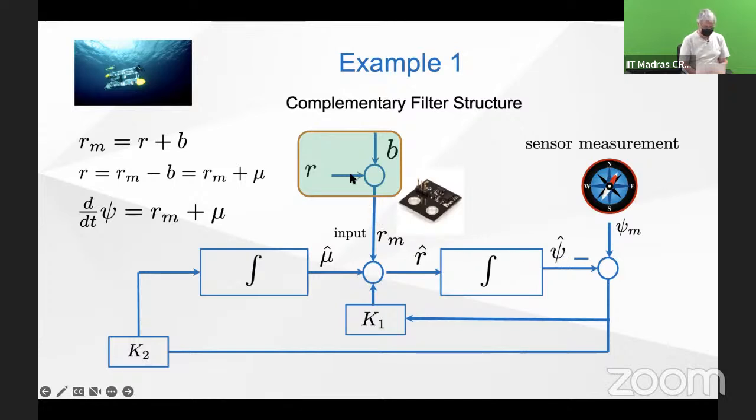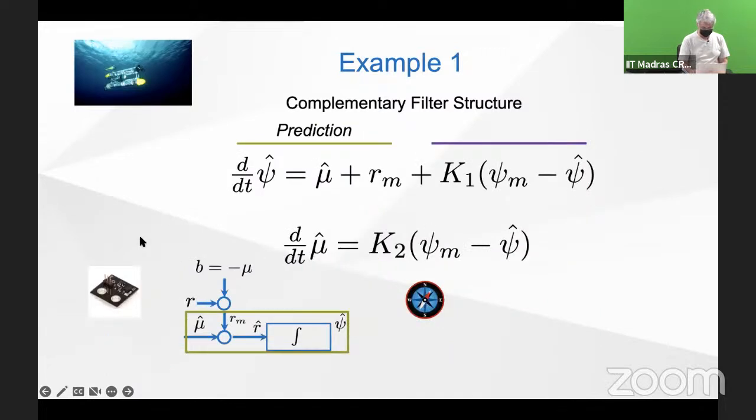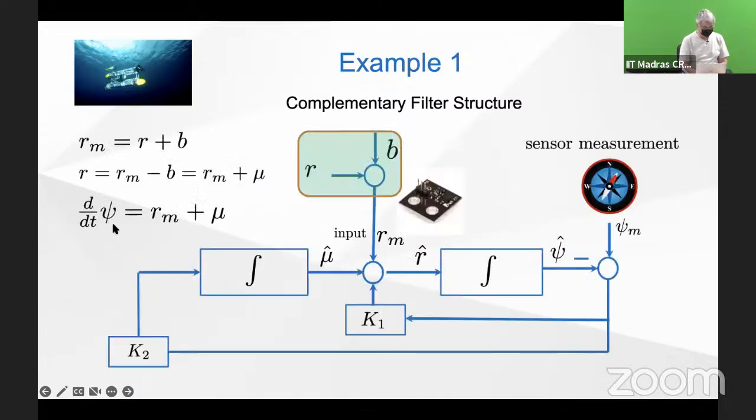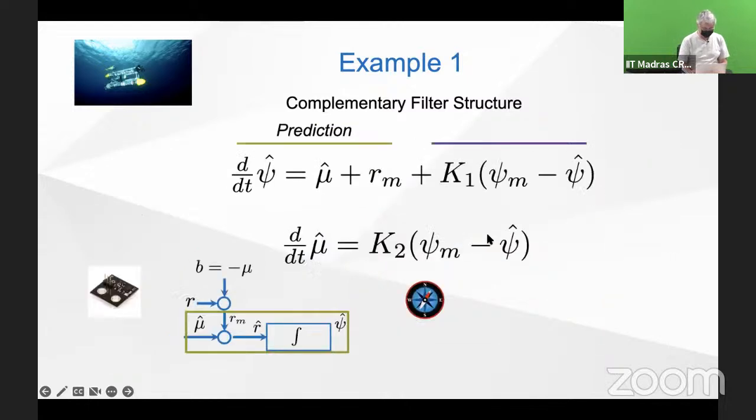The measurement is the true rate plus the bias, so you have to kill it. So this means that in the design model, you have d psi dt equal to Rm plus mu, and mu you have to learn, whatever it is. And I already talked about this.